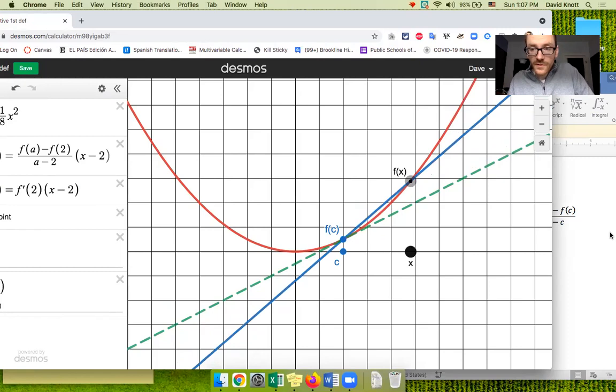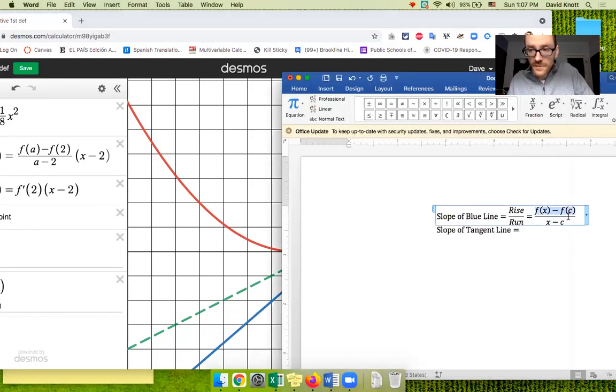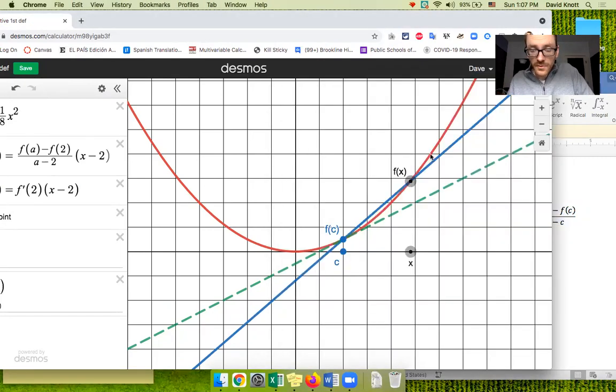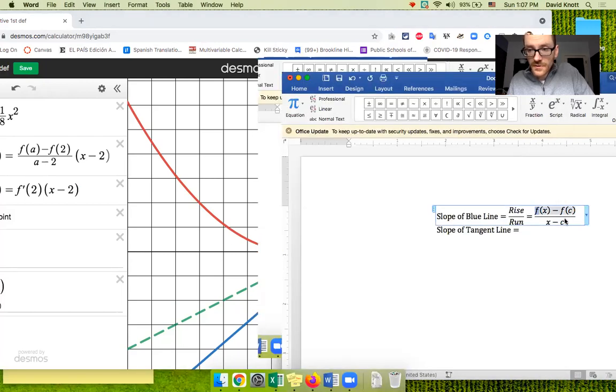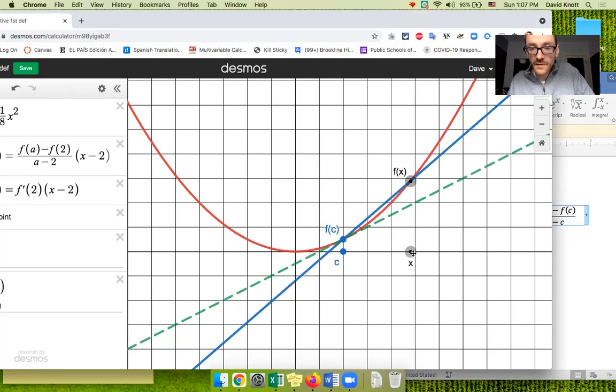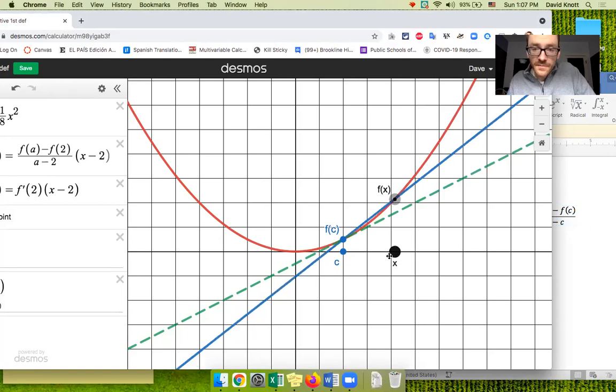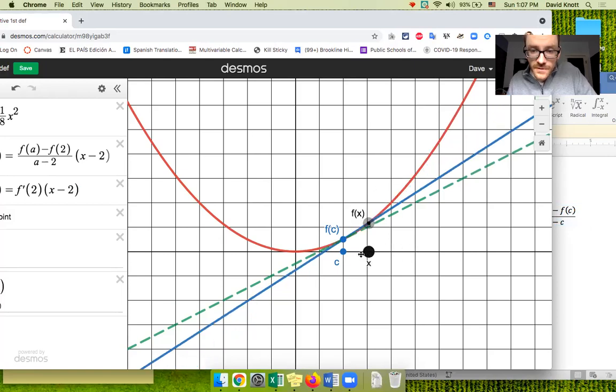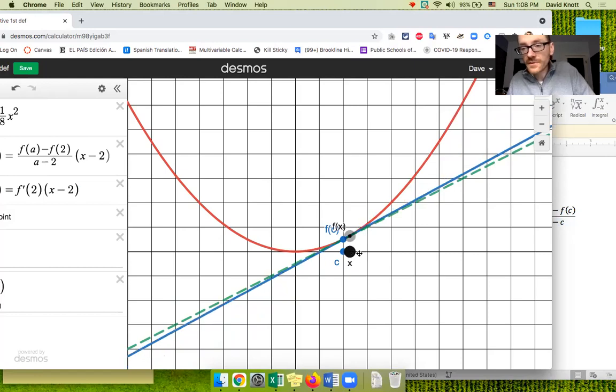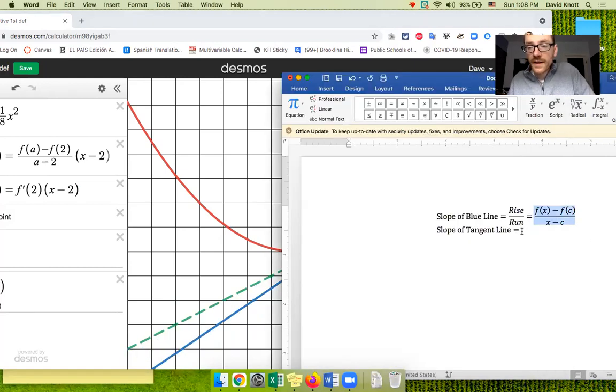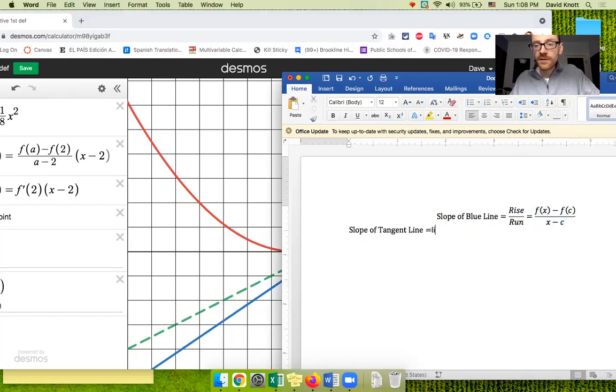So this is a formula for the slope of the blue line. And to make this slope turn into the slope of the tangent line, what I have to do is let x get really, really close to c, closer and closer forever. And the way to make that happen is, of course, to use a limit.